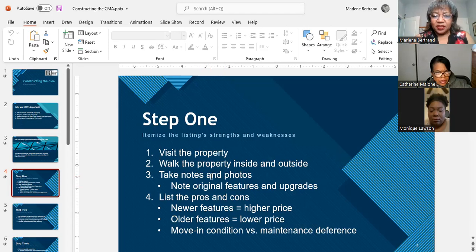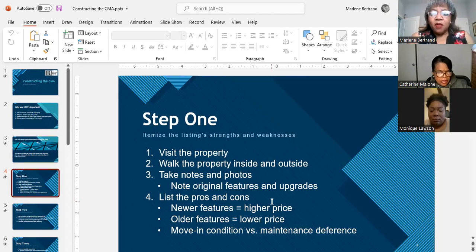You want to take notes, and if the client will let you, take photos so that you can have them as reference for later. Or maybe if you're working with the buyer, you'll have them to be able to show the buyers. And you want to make sure that you know any features. If they've got upgrades, you want to make sure you have listed those upgrades, and list the property's pros and cons.